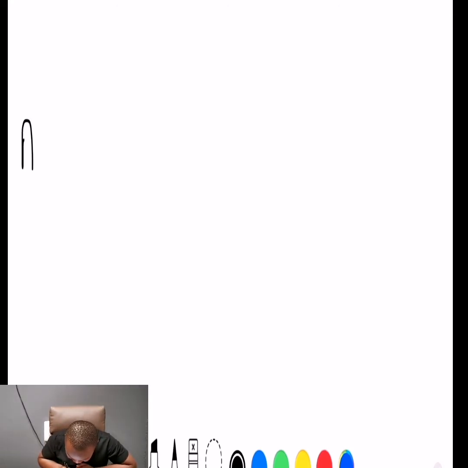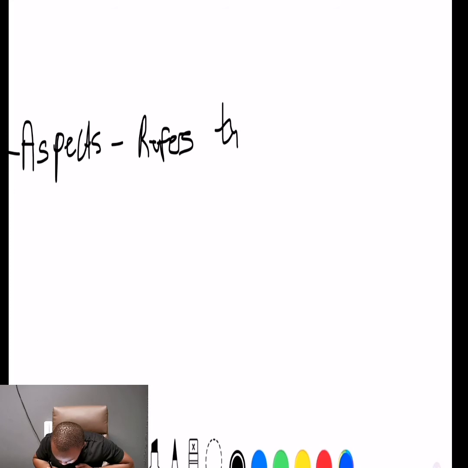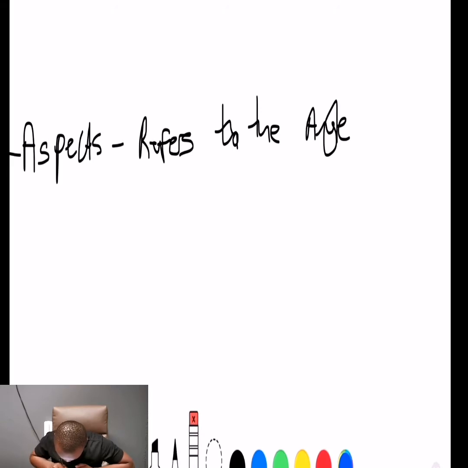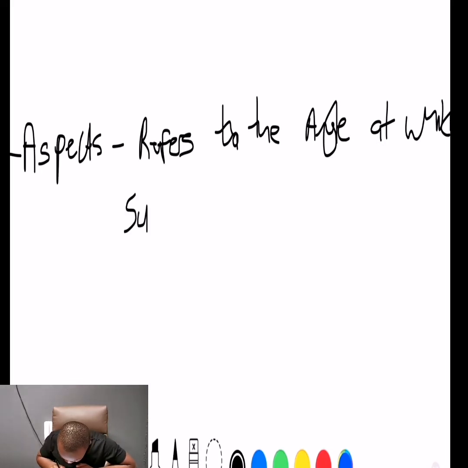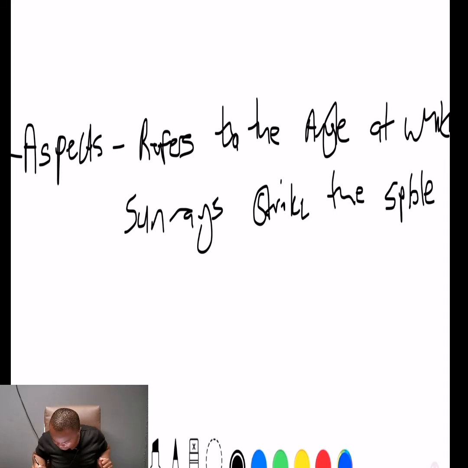The aspect refers to the angle at which sun rays strike the slope. Sorry about that, spelling error. The sun rays strike the slope.